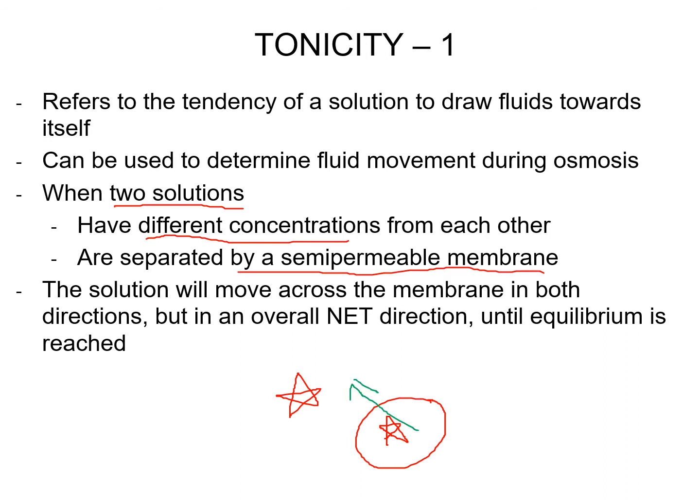Now, just like simple diffusion, just like facilitated diffusion, just like osmosis, eventually what we're going to want is to reach some sort of equilibrium. That's the ideal, that's the goal. But as I mentioned, sometimes this gets a little wacky and this can cause some issues. We'll cover the normal versus the abnormal on the next slide.